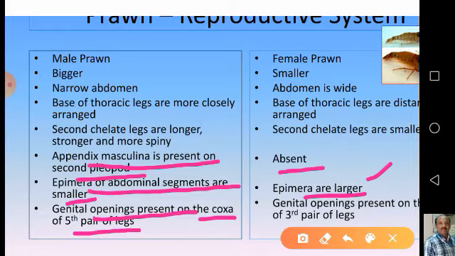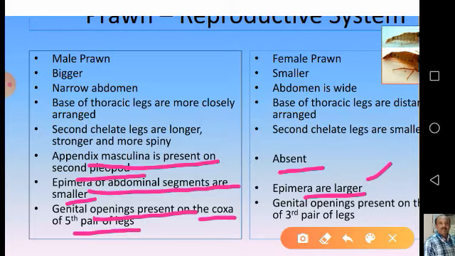So if you see the coxa of the fifth pair of legs, you can see the male genital apertures present on the inside, with membranous coverings. You have to watch very keenly, and only then they are visible.